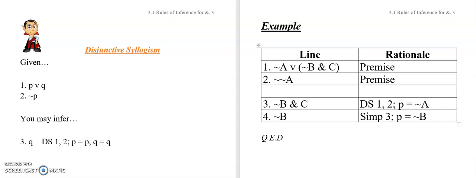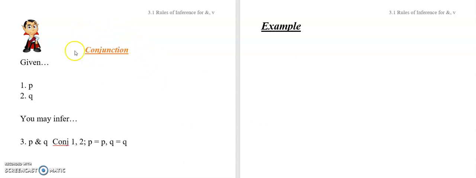So here's a new rule, and this is probably one of the more straightforward ones. If you have two lines, once again you have to have two lines, the first line has whatever in it, call it P, and the second line has whatever in it, call it Q, you're allowed to use the rule conjunction, which we abbreviate Conj, to take this string and put it together in one line with this string, with the ampersand in between.